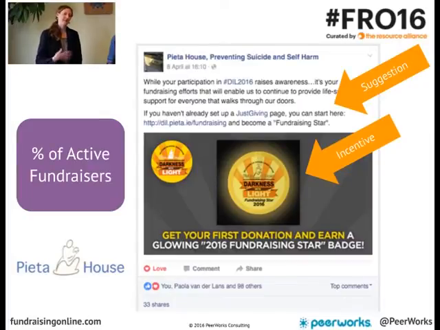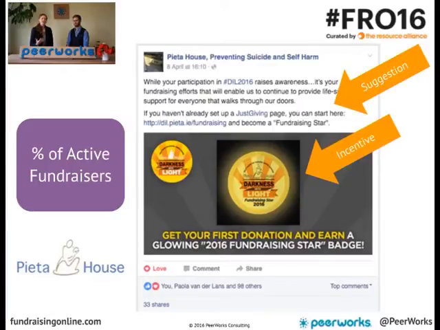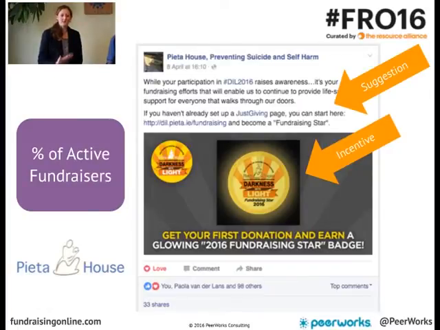Because that's new, they need to make the suggestion, and so we're showing you a sample of a Facebook post that they posted recently where they're explaining fundraising, and I'll read an excerpt from it where it says, while your participation in Darkness into Light raises awareness, it's your fundraising efforts that will enable us to continue to provide the life-saving support for everyone that walks through our doors. So that's just the suggestion that they're making. They're saying, hey, it'd be great if you went to the next level and fundraised.